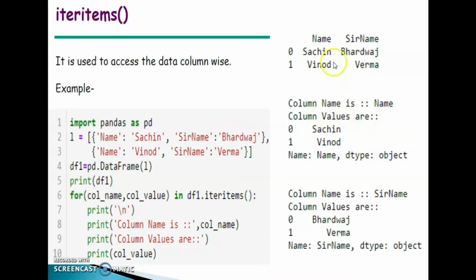So the column name is name. Column values are, at the 0th index Sachin is the value, first index Vinod is the value. Second column name is surname. Column values are, 0th index Bharadwaj is the value, first index Verma is the value. Okay, clear?